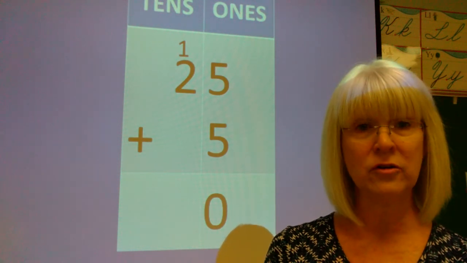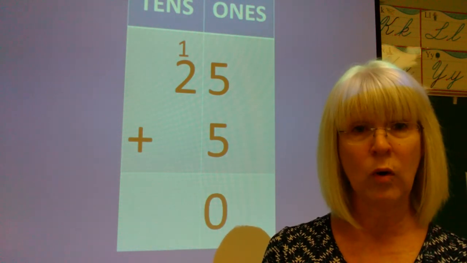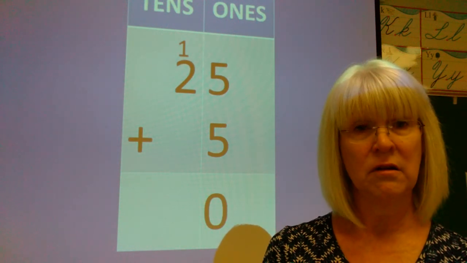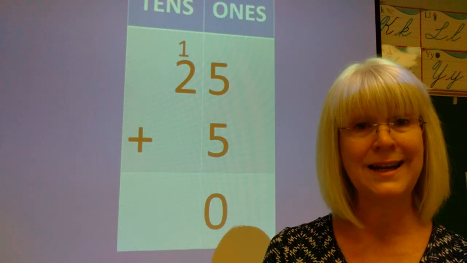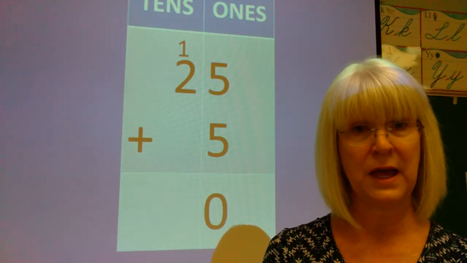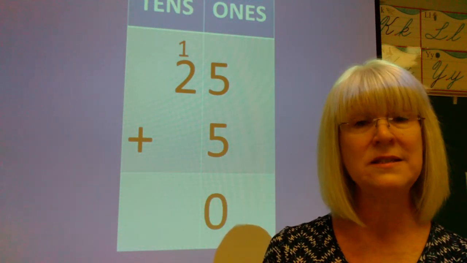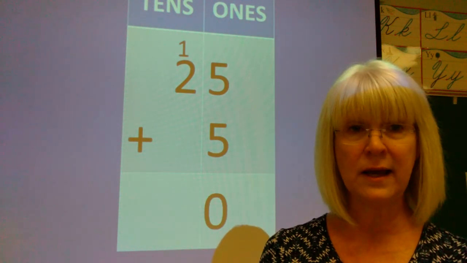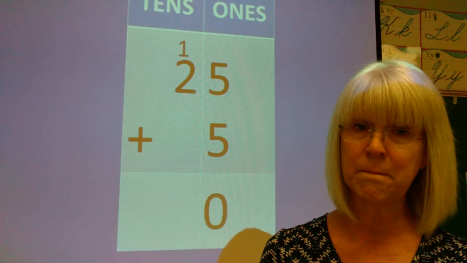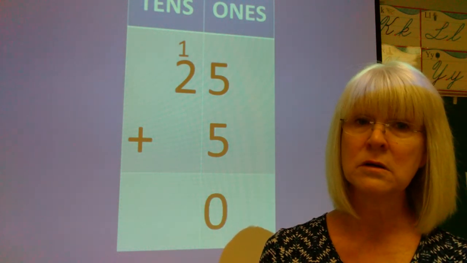That's called carrying. We have carried that 1 digit to the tens place. So now we can add it in to the tens place, and we've got that 10 from the 5 plus 5 plus the 2 tens that were already there equals what?